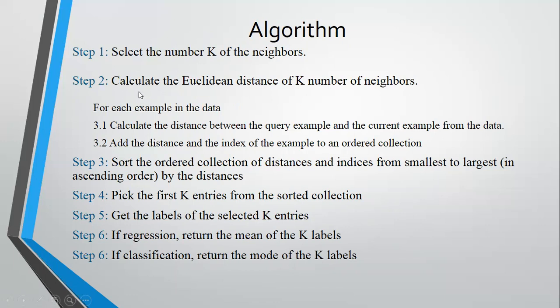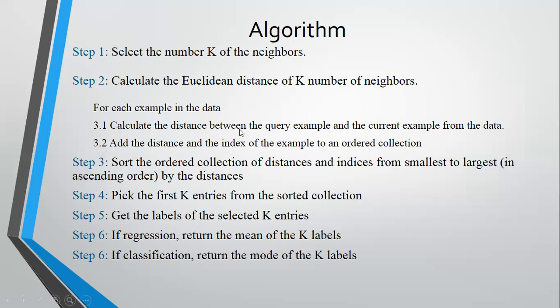The next step: calculate the Euclidean distance to the K neighbors. Euclidean distance is given explicitly here, but it is up to your option; you can use any distance measure formula. Using that, you find the distance between your unknown label data and your data points.